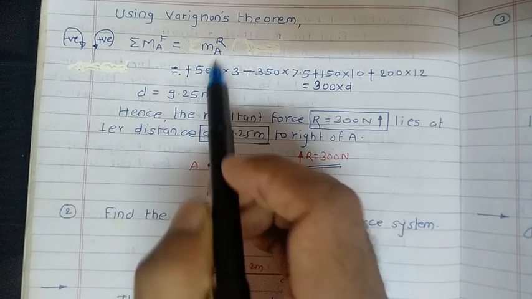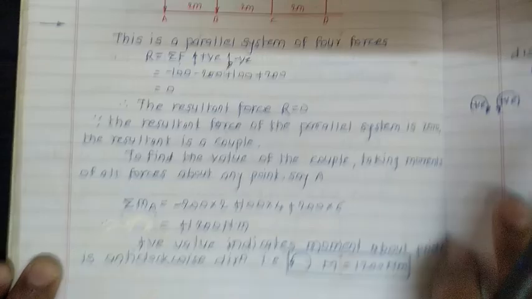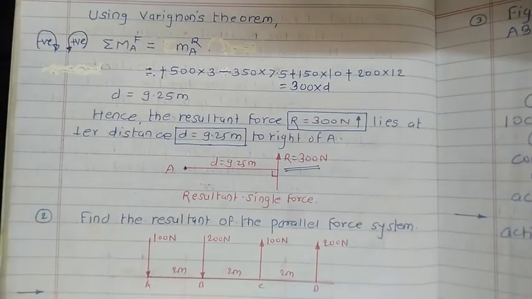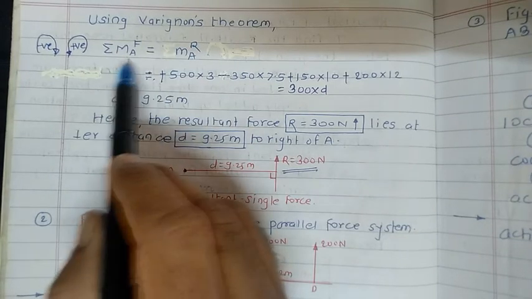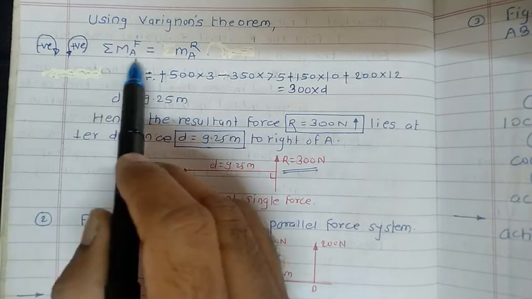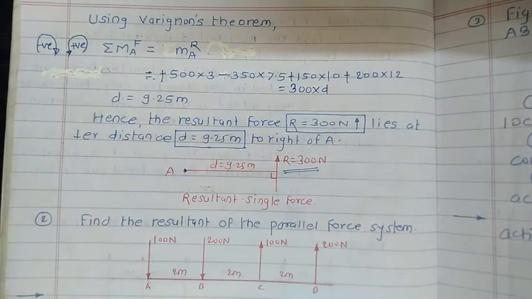Now the resultant value is 0, so you need to do calculations for only the magnitude of this one. How much magnitude will come? That is nothing but the moment of couple.